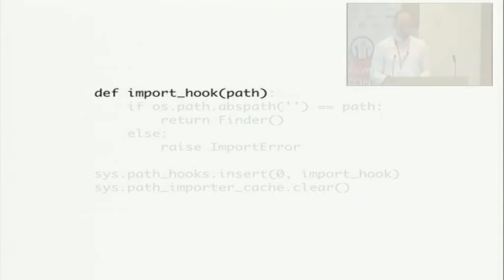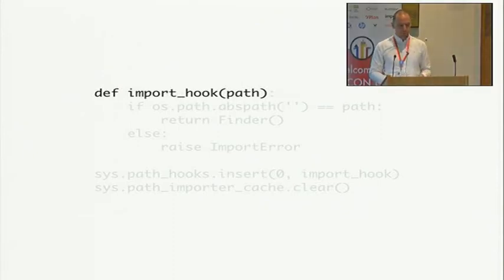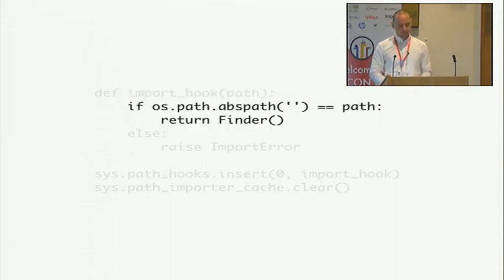Okay, so as I said, an import hook is a function that works on individual entries of sys.path. Those entries are various, but for our purposes, we're practically only interested in code that's in the current directory, so our application code, right? So we will check that the path that we are given is this current directory.